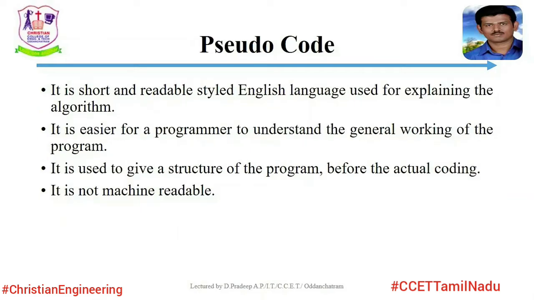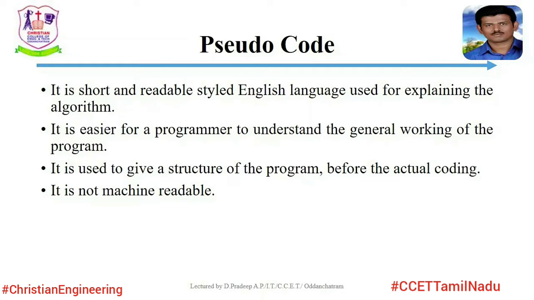Next, pseudocode. It is another representation method. It is short and readable stylish English language used to explain the algorithm, which is useful for the programmer to understand the general working of the program. It reduces the gap between algorithm and coding.